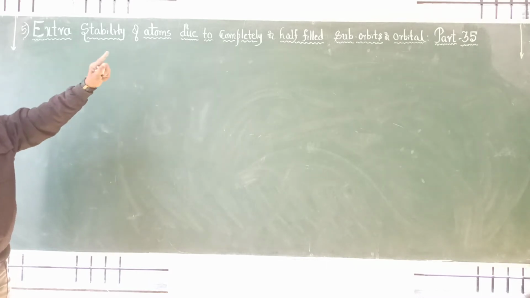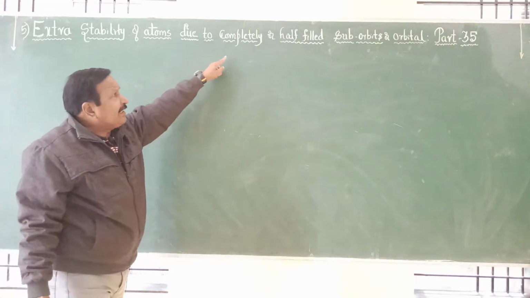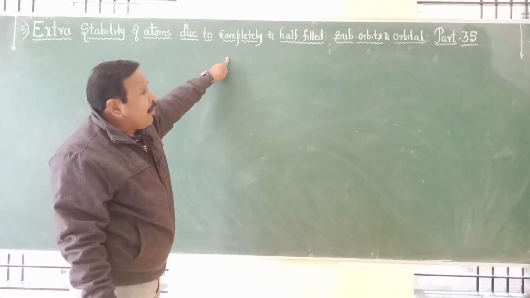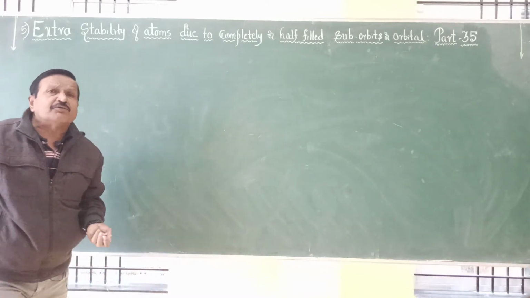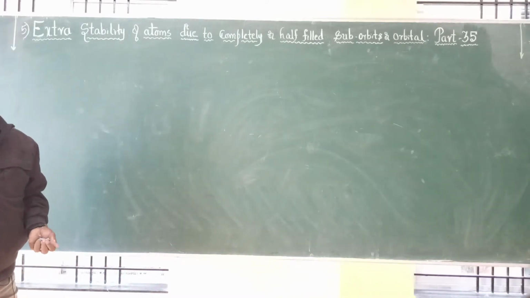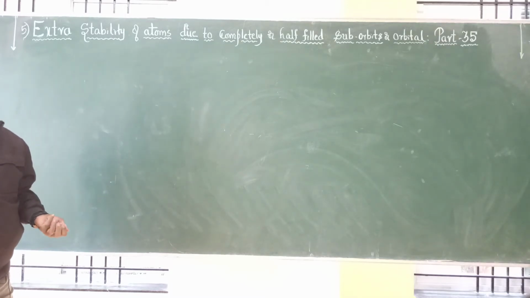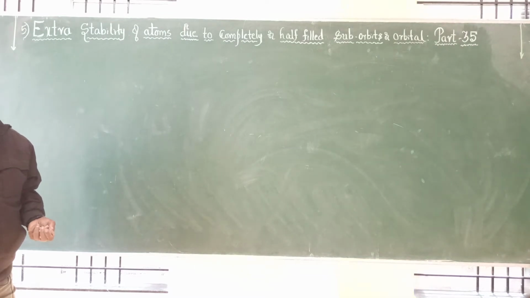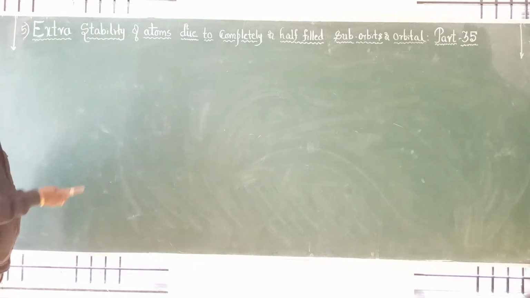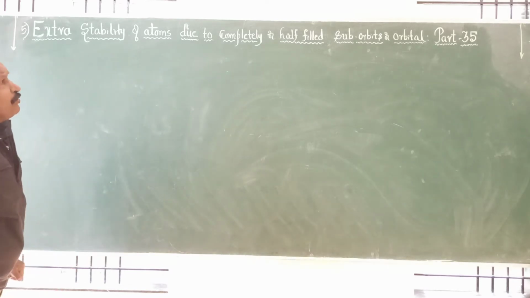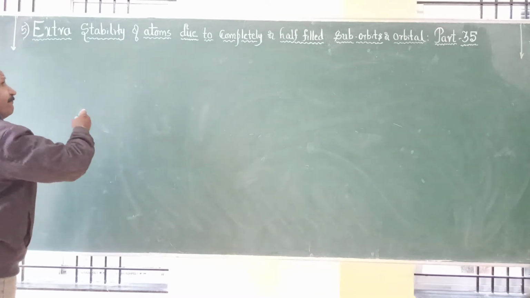If in an atom the orbitals are completely half filled or completely filled, then the distribution of electrons will be symmetric. And due to symmetric distribution of electrons, they get extra stability compared to other cases.